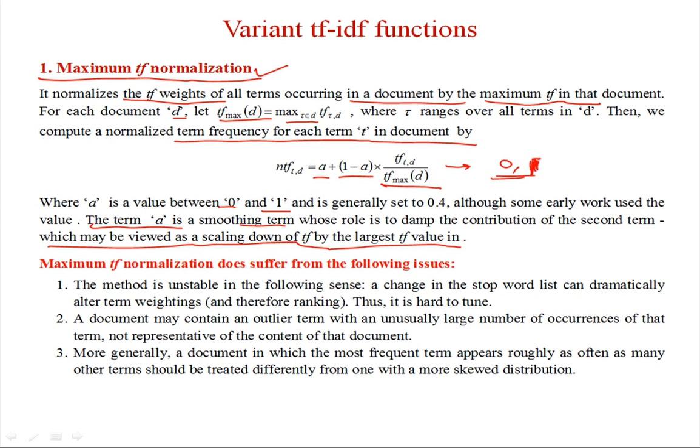The maximum term frequency normalization suffers from the following issues. First, the method is unstable in the following sense: a change in the stop word list can dramatically alter the term weighting and therefore the ranking, and thus it is hard to tune. It means it is tough to set the value for a in that case. Second, a document may contain an outlier term with an unusually large number of occurrences, not representative of the content of that document.